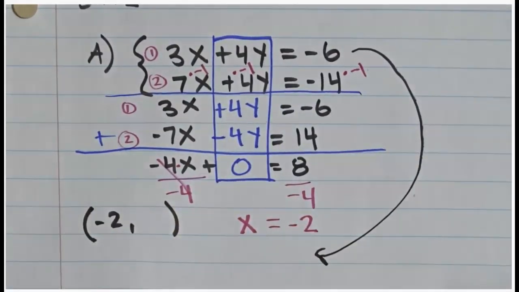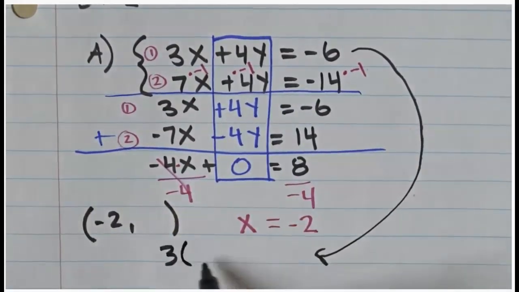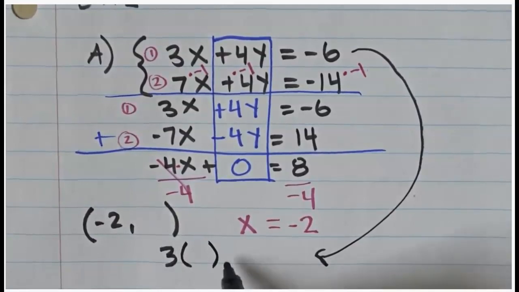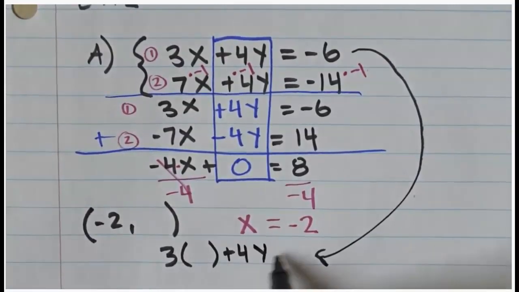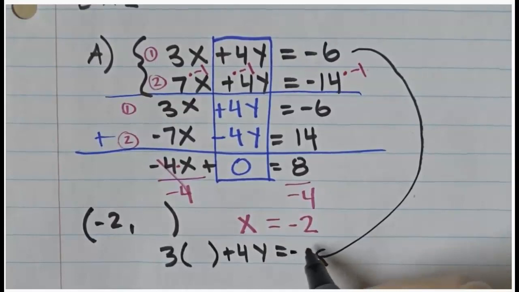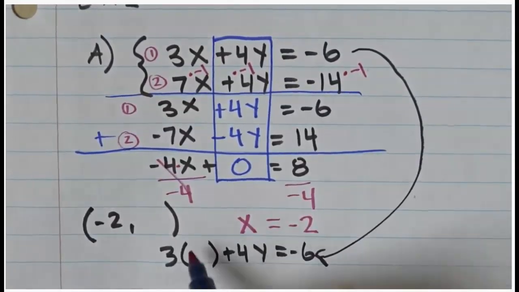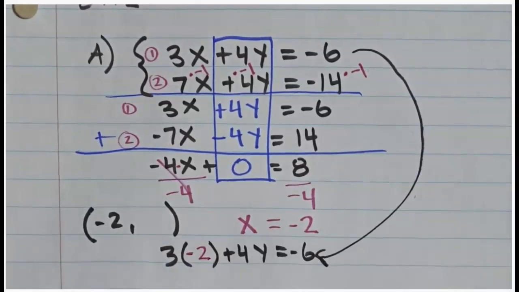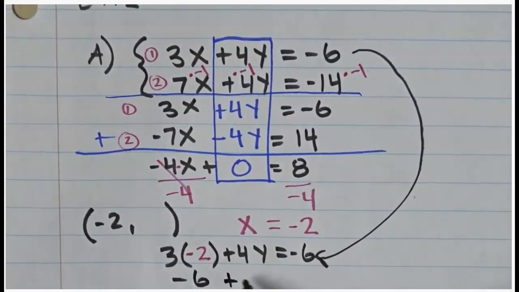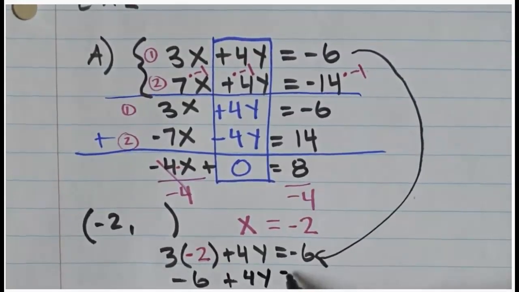So let's go ahead and do that. 3, a bubble for my x, plus 4y equals negative 6. And so now I knew x is negative 2. My equation becomes negative 6 plus 4y equals negative 6.